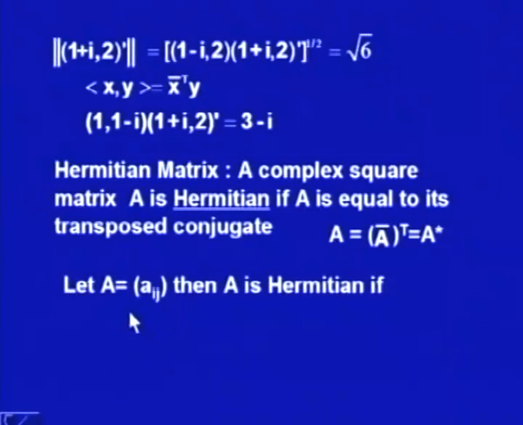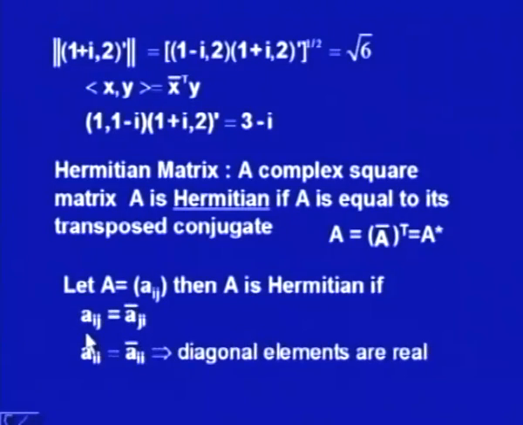Now, if we have a square matrix A, then a typical element in this is Aij. According to this definition, A is Hermitian if Aij is equal to A bar ji. This bar denotes the conjugate and the indices denote that it is being transposed. If this condition is satisfied, then the matrix is Hermitian.